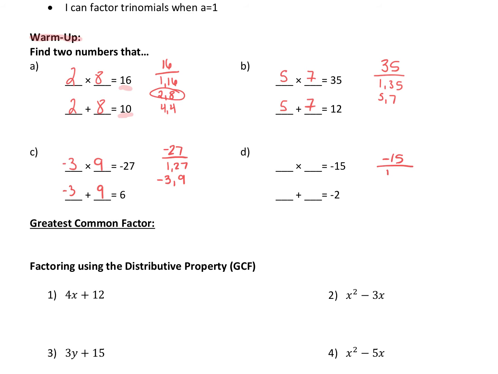All right, in D with 15, we have 1 and 15 and 3 and 5. So again, with negative 15, one of the numbers would need to be negative. So if I make the 5 negative, that means 3 and negative 5 would multiply to negative 15, but add to negative 2. So this is going to help us today with our factoring.